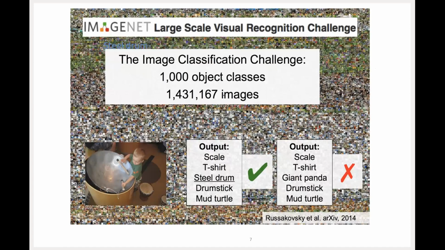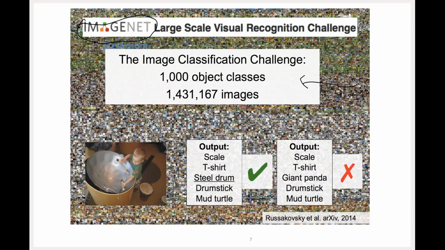Here I'd like to mention a classic computation challenge that has been around for a long time. I'm sure many of you have heard of it. It's called ImageNet. It's organized by Stanford and has run for over a decade now. In particular, it has an image classification challenge.